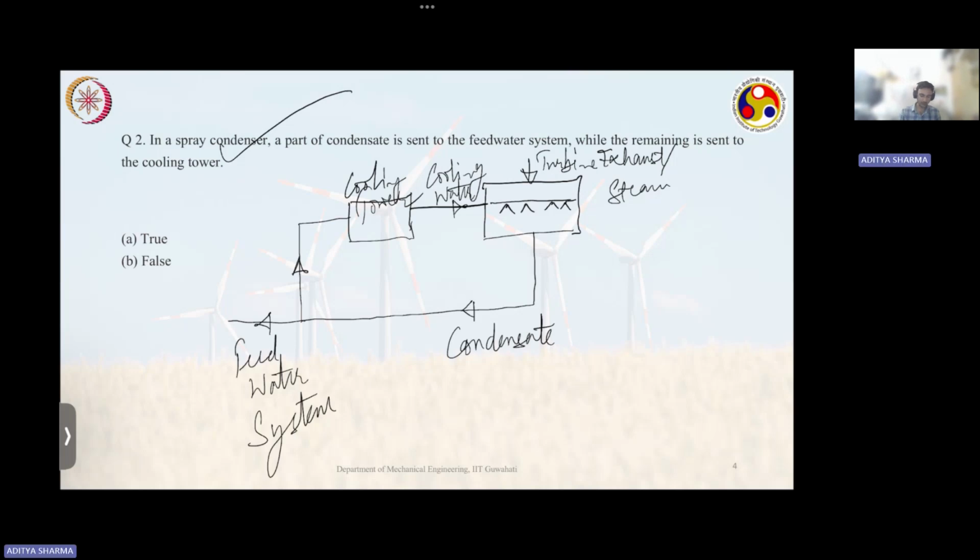So in a spray condenser, a part of condensate is sent to feed water system while the remaining is sent to your cooling tower. So this is a correct statement.